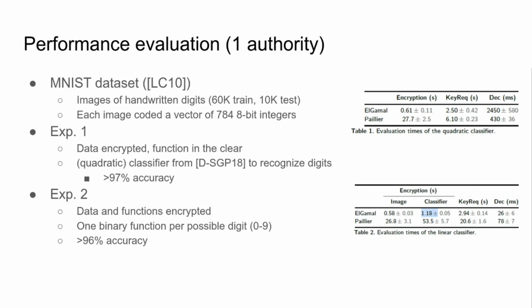In particular, we consider a quadratic classifier that maps encrypted images of the MNIST dataset, representing handwritten digits, into 1 out of 10 groups, 1 per digit. In Table 1, we report the times of encrypting these images with our control function encryption scheme and the times for key generation and decryption of the corresponding quadratic classifiers.